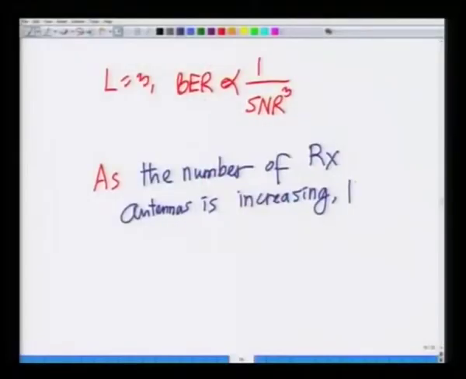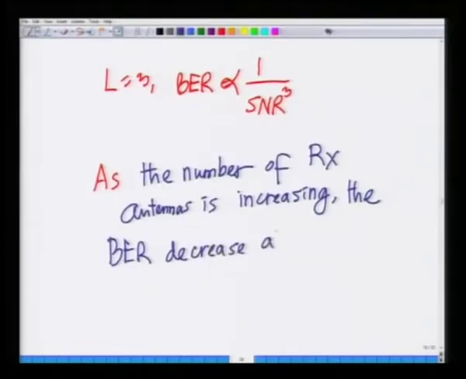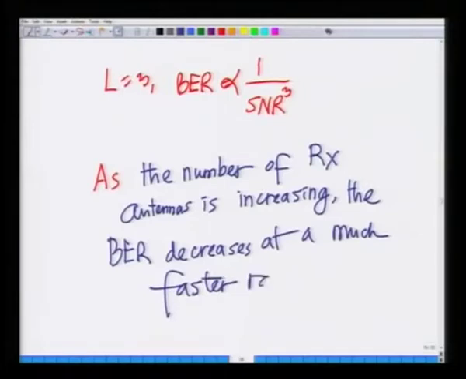Hence the bit error rate is decreasing at a much faster rate. As the number of receive antennas is increasing, the bit error rate is decreasing at a much faster rate.